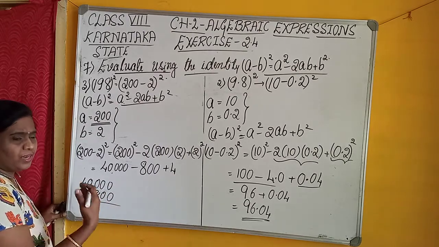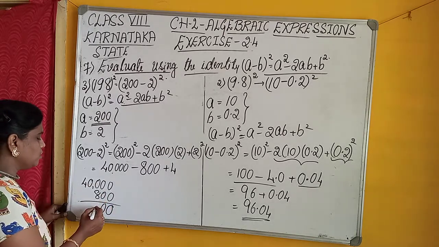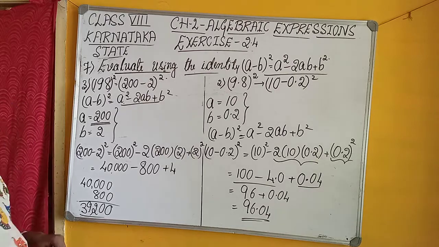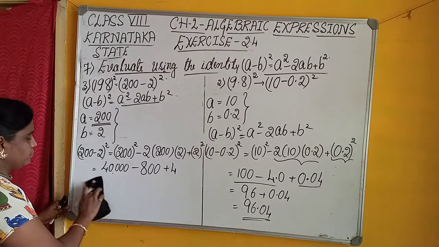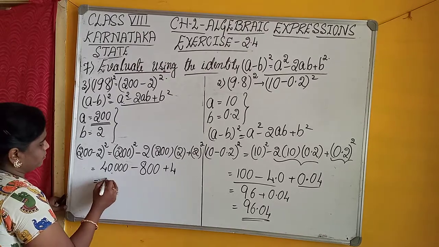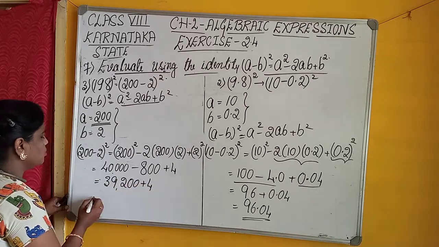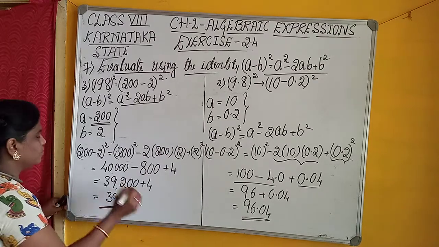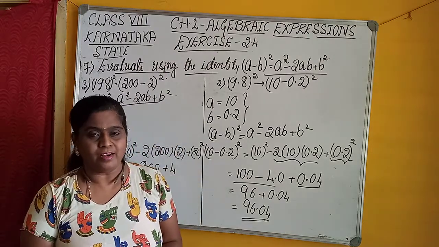You can directly tell, but I am telling you along with the working. That is 10 minus 8 is 2, 9 and 3, 39,200 plus 4. That is equal to 39,204. Students, understood?